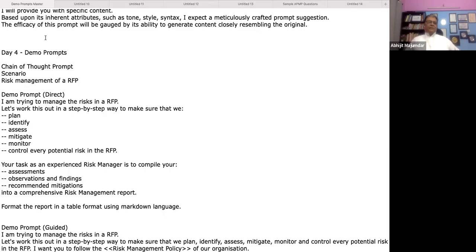Why did I select the use case of risk management? The reason is that in risk management, you go in a step-by-step manner. First, you identify the risk, then you assess the risk, then you build a plan of how to mitigate the risk, and then finally you mitigate the risk.